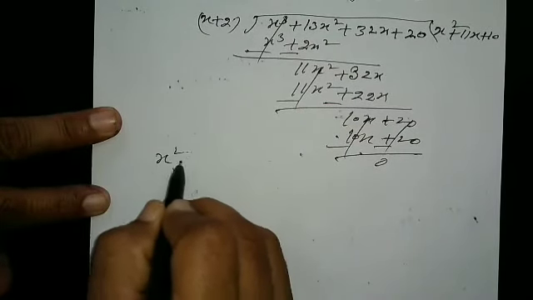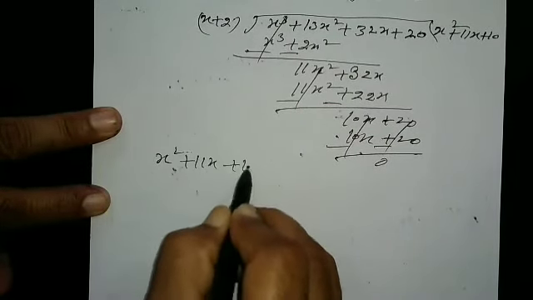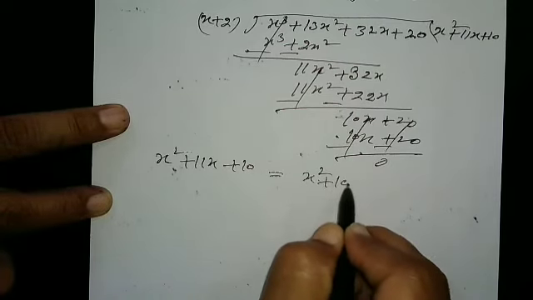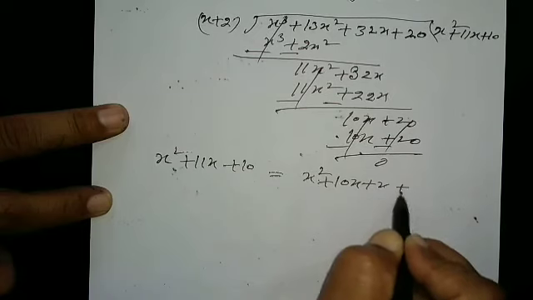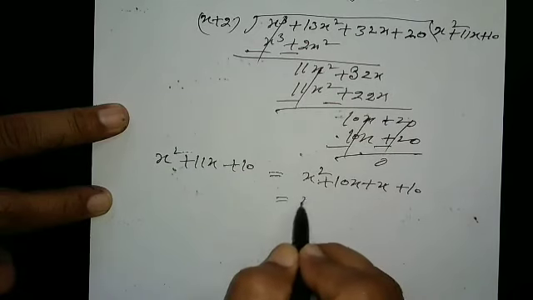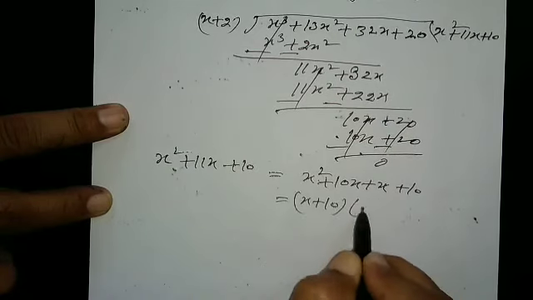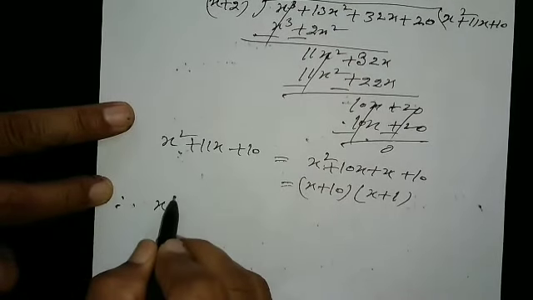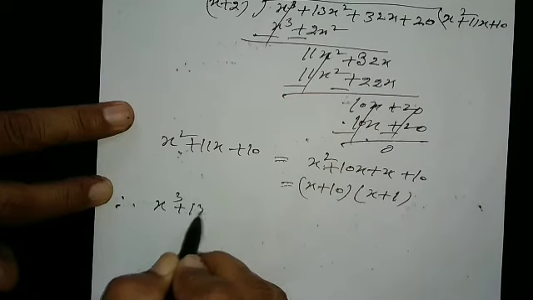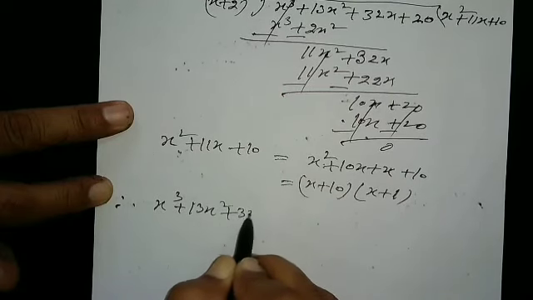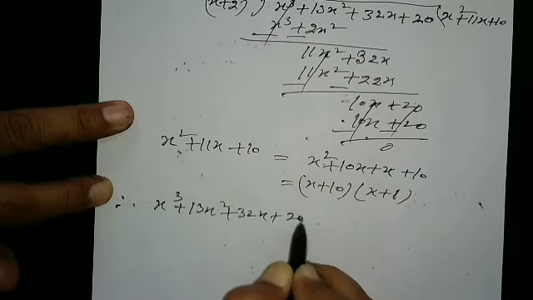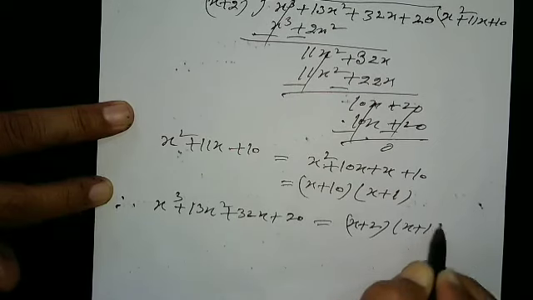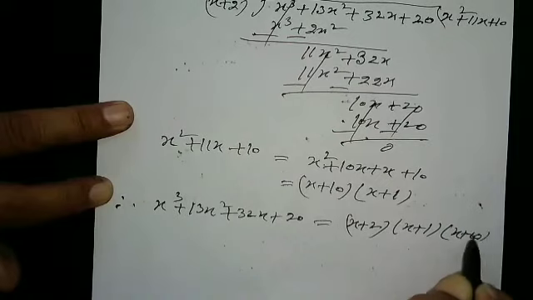This quadratic polynomial can be factorized as x square plus 10x plus x plus 10, and two factors may be seen here. Therefore, the given polynomial can be factorized as x plus 1, x plus 2, x plus 10.